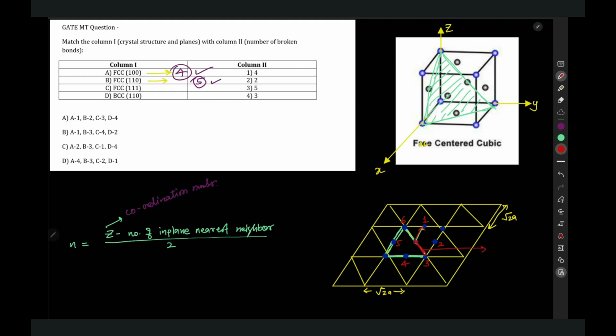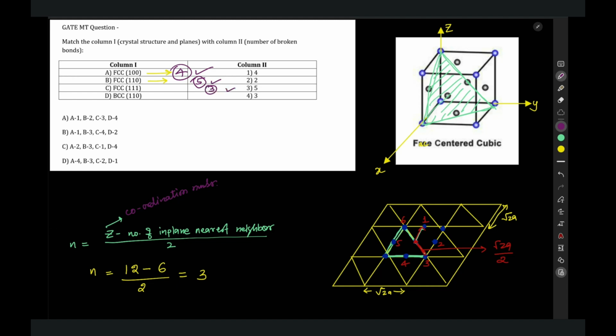And this distance, we know, is half of the side of the equilateral triangle, that is root 2a by 2. So the number of nearest neighbors in this case is 6. Number of broken bonds equals Z, the coordination number 12 for FCC, minus the number of in-plane nearest neighbors, that is 6 upon 2. After calculating, we will get 3. For the 111 plane, the number of broken bonds will be 3.